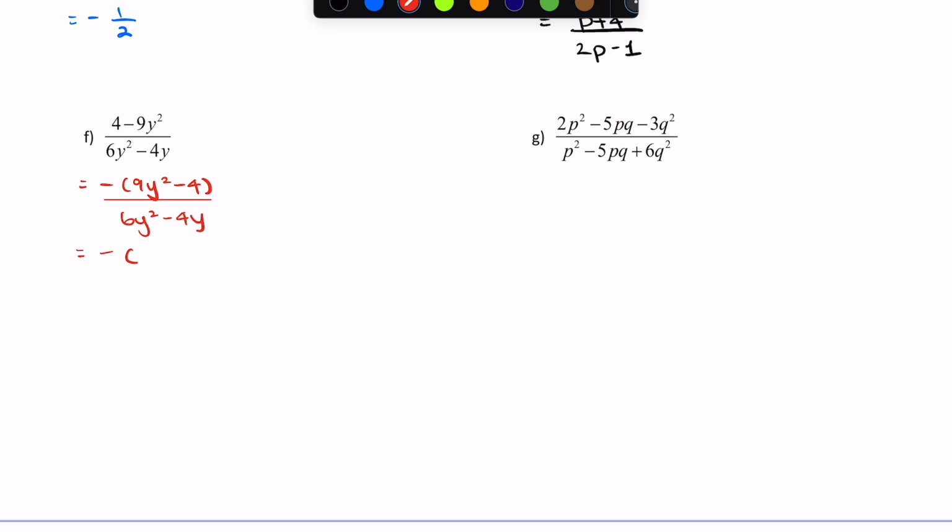We'll get 3y minus 2, 3y plus 2. Remember square rooting the first term and square rooting the second term. That's like entering the difference of squares. And at the bottom, we can factor out a common factor of 2y, which will leave us with 3y minus 2. Now to state our restrictions, y cannot be equal to 0, and 2 over 3.